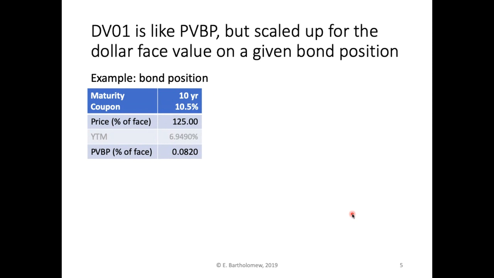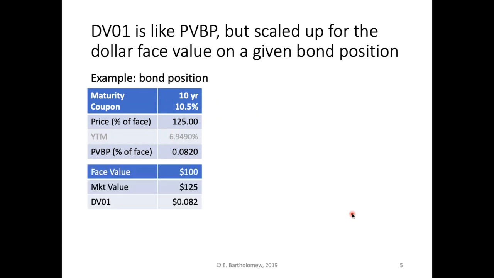Now, how would we use this to calculate the DV01 on a position holding this bond? For example, if we had $100 face of this bond, it would have a market value of $125, and the DV01 would be 0.082, essentially the same as this, but in dollar terms, 0.0820% times $100. And if we had $1,000, it would be the same calculation, but for a 10 times larger amount.